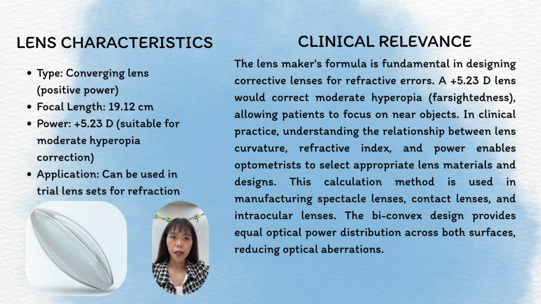For example, understanding how focal length relates to refractive power allows practitioners to select materials for trial lenses, contact lenses, and intraocular lenses. In this case, the biconvex design ensures balanced optical power distribution and reduces spherical aberration, providing clear and comfortable vision for the patient.